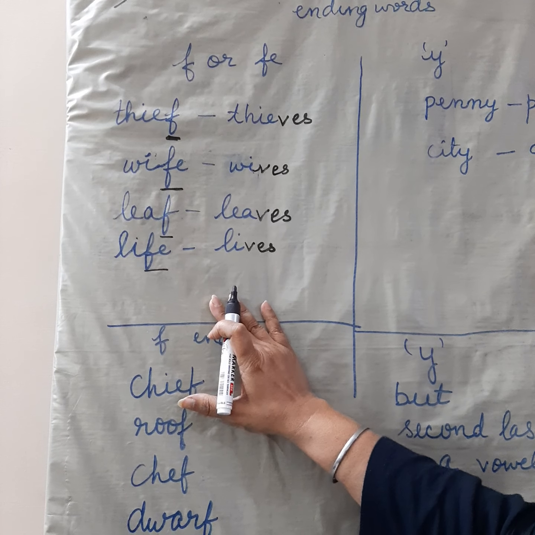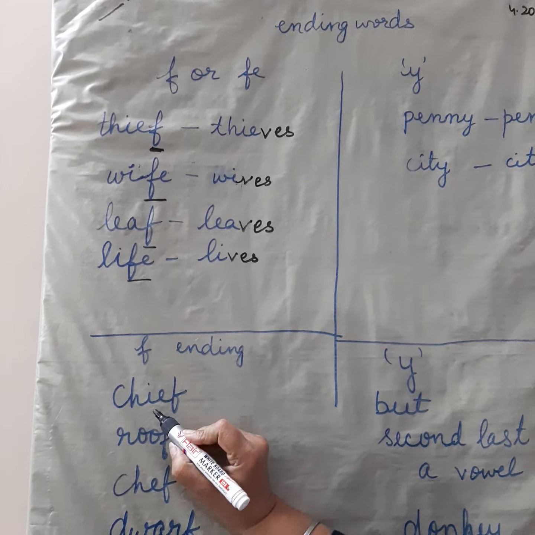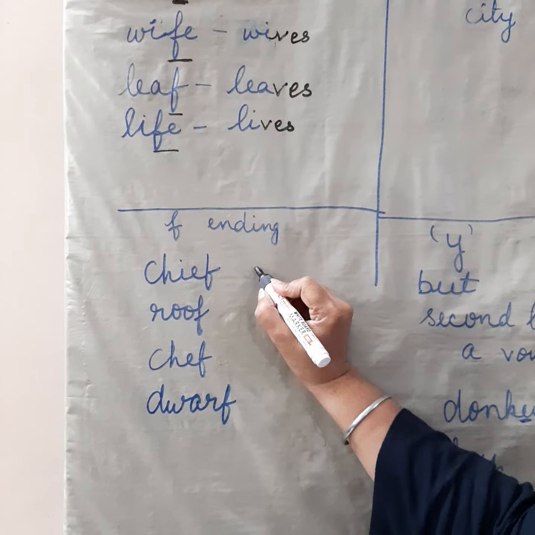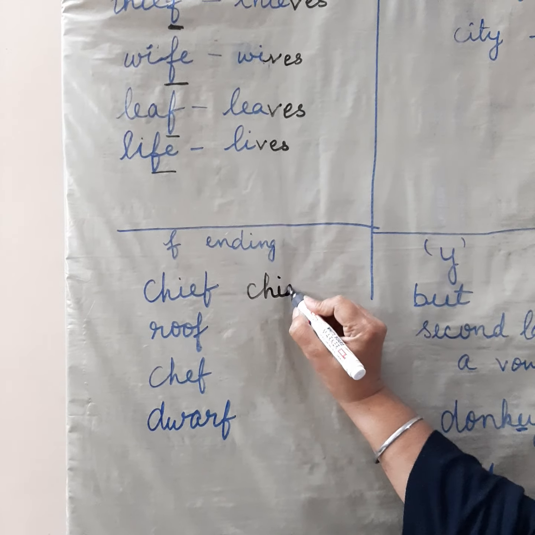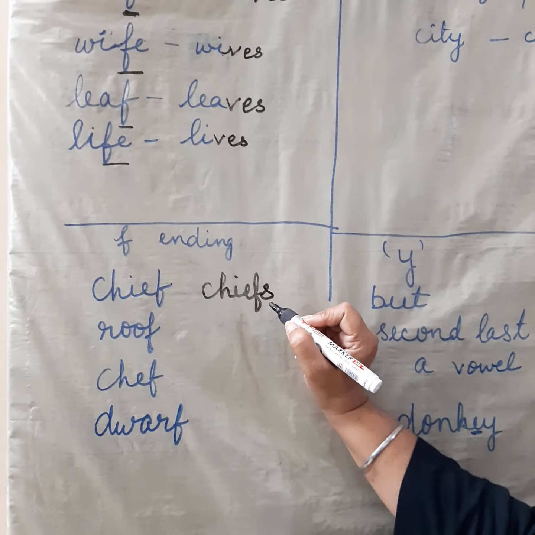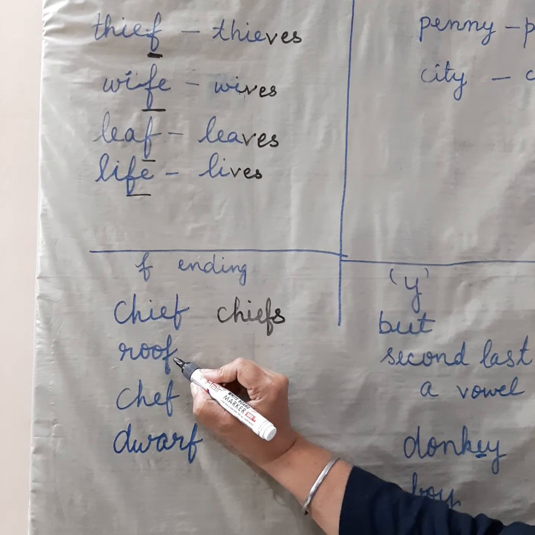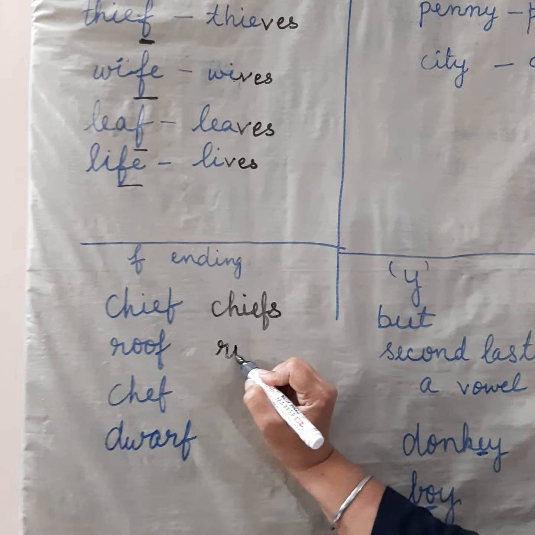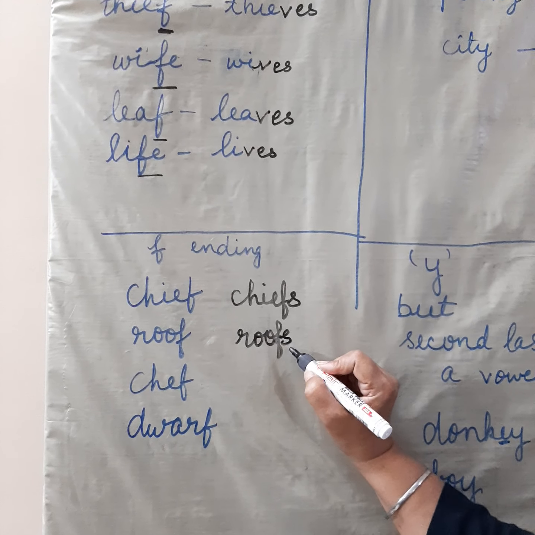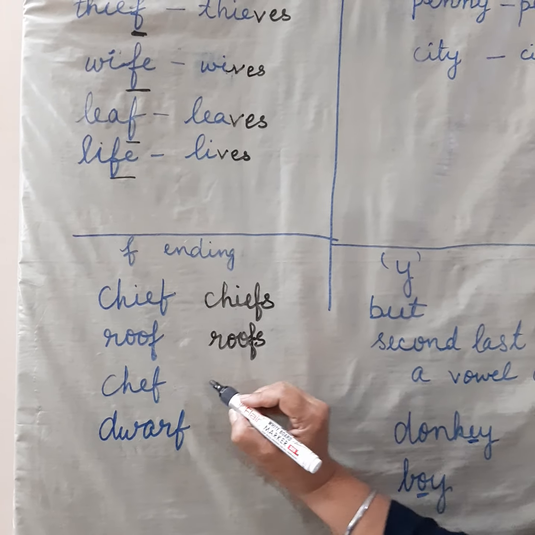But here also there are rules, but they cannot be followed in all the words. Like chief, if you want to change it to plural, you will not replace it and you will just add S to it. Roof, you will not replace F, you will just add S to make it plural.